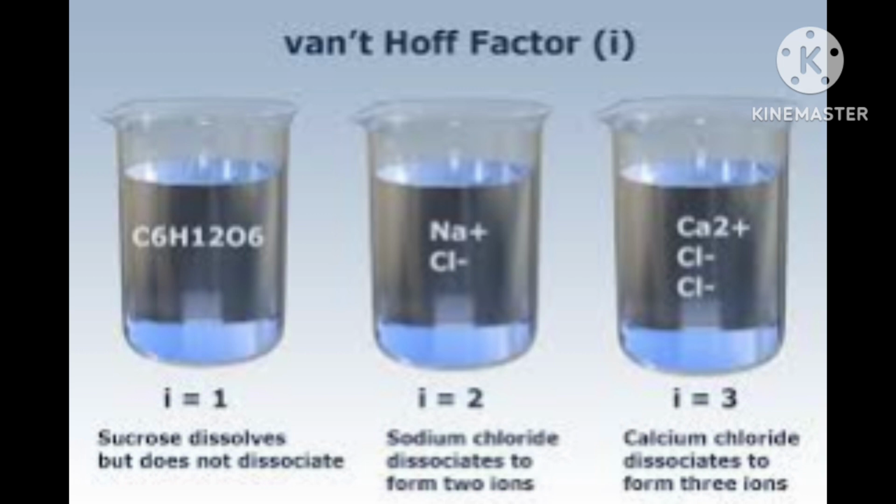Now, if we did not know about the degree of dissociation, we could be led to conclude that the mass of 2 mole particles is 74.5. 74.5 will come for 2 mole. It is 1 mole, but it is becoming 2 mole.